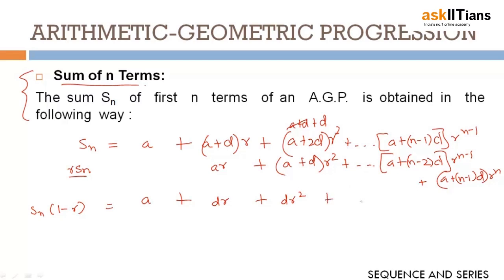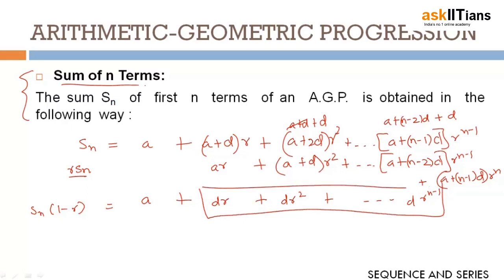For the nth term, let us have a look. Clearly I can write it as a plus (n minus 2)d plus d, so again I am getting d r to the power n minus 1. So clearly the middle terms and the last term will be as they are, and this is forming a GP now.